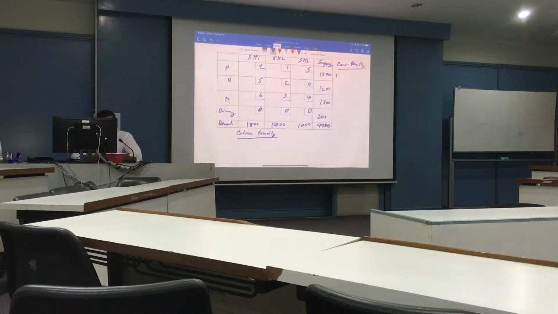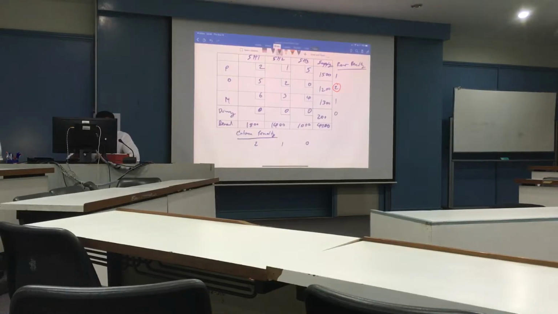Second row, 0 and 2, difference 2. Third row, 3 and 4, difference 1. The fourth one is difference 0. For columns, 0 and 2, difference is 2. Next, 0 and 1, difference 1. Next, 0, difference 0. So you can see that the highest penalty is 2.